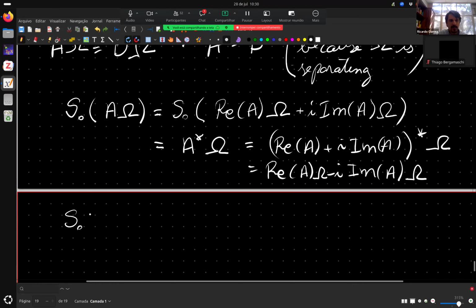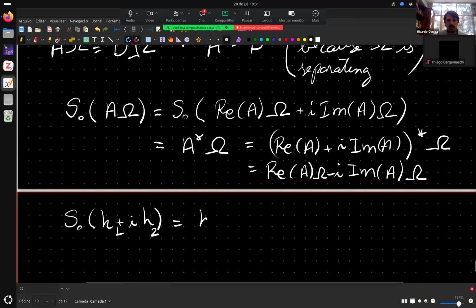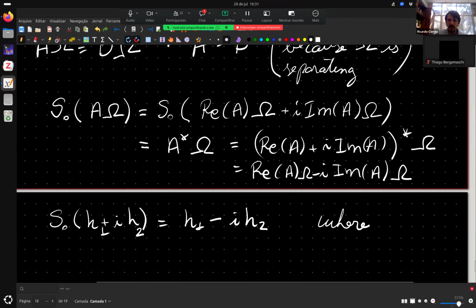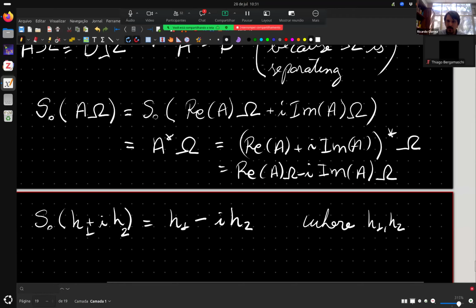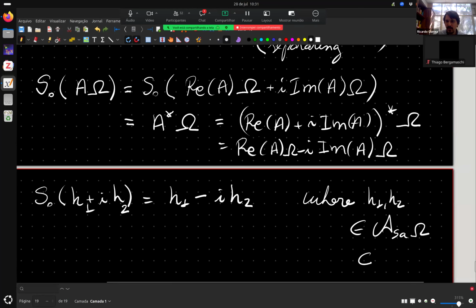I'm getting something of the form H1 plus I H2, and I'm getting H1 minus I H2, where H1 and H2, the way I defined them above, belong to the self-adjoint operators acting on omega, which is contained in what I define to be my standard subspace.